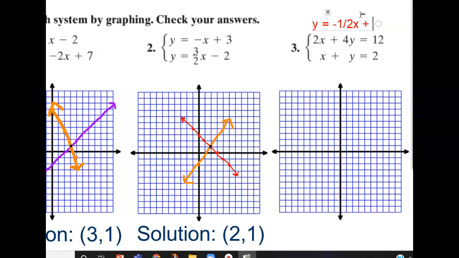And then it would be 12 divided by 4, which is 3. So you get y equals negative 1/2 x plus 3. And then the second equation, you'd subtract over x, so you get y equals negative x plus 2.